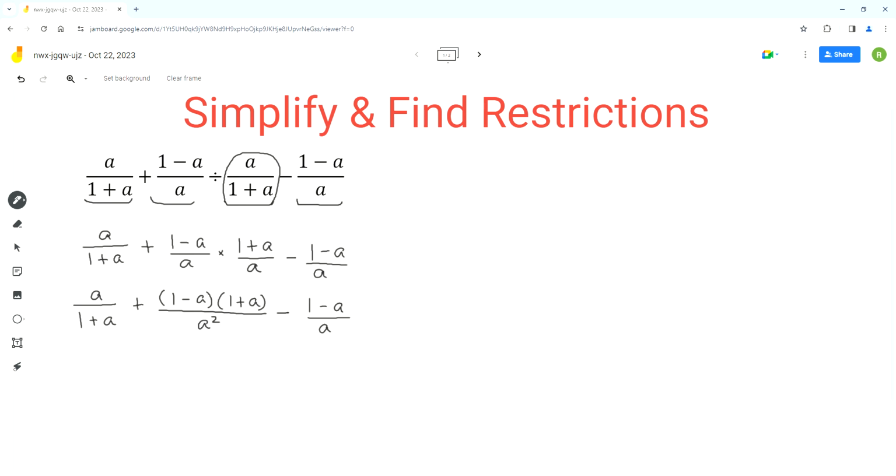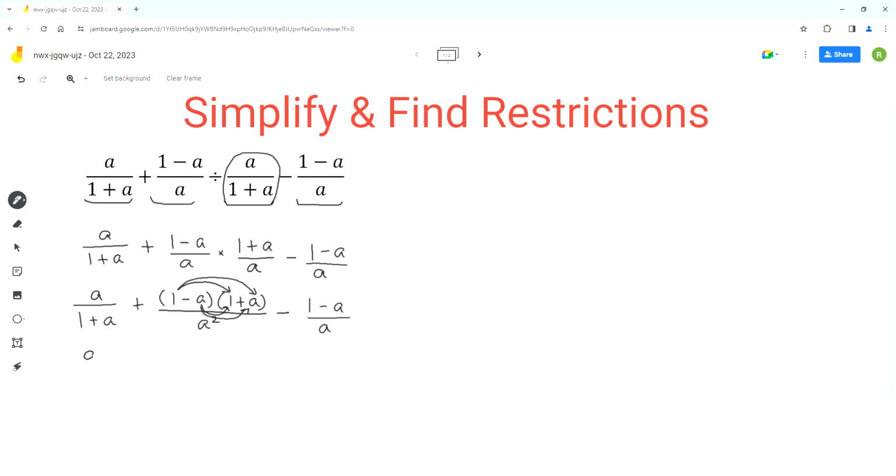Now we can distribute the terms in the parentheses in the numerator of the second fraction. So we have to use the FOIL method. So 1 times 1, then 1 times a, then negative a times 1, and then negative a times positive a.